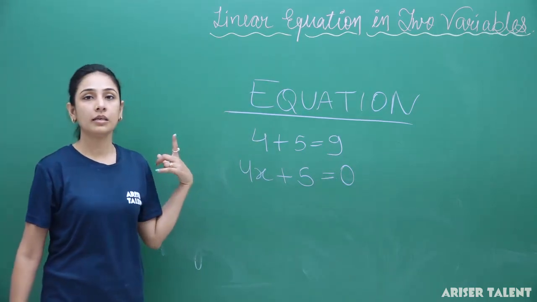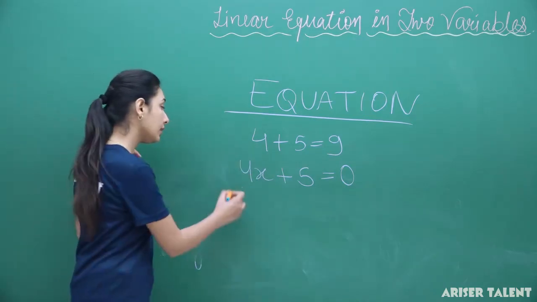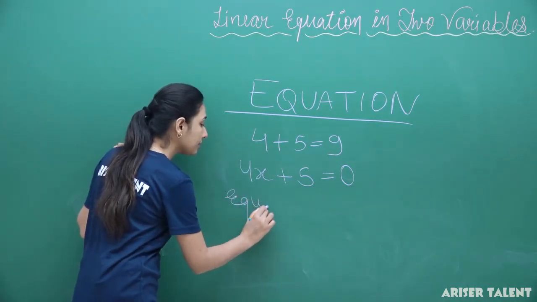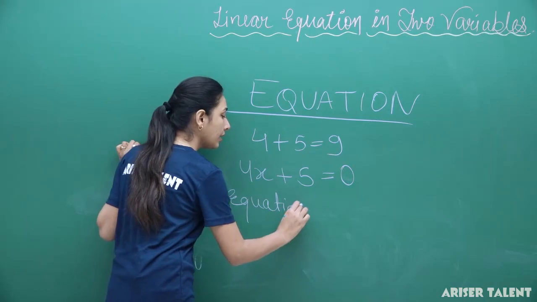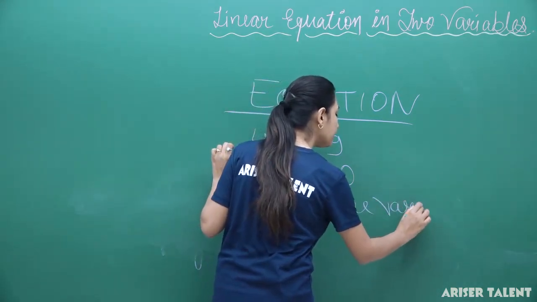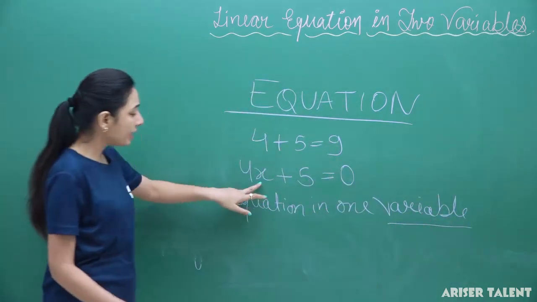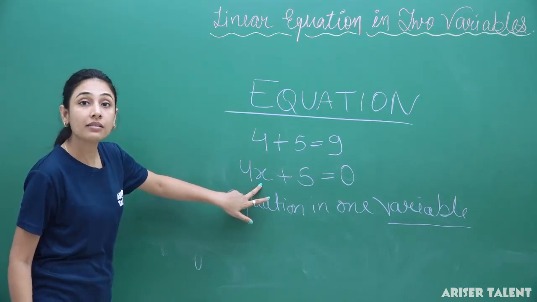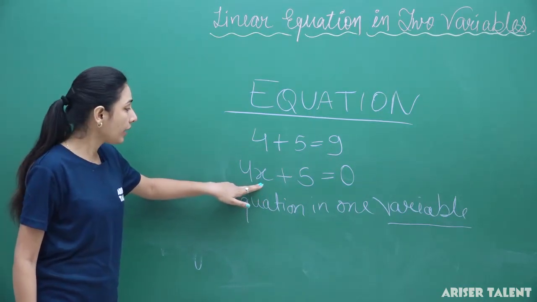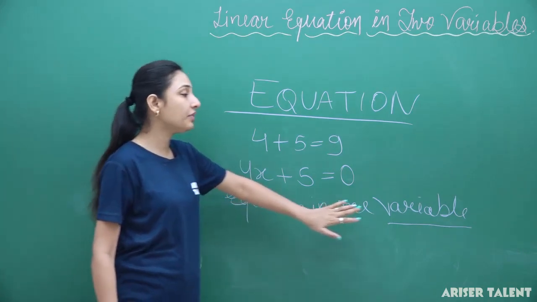That means this is again an equation, but now an equation in one variable. Why one variable, students? Because I am having x as the variable here, only one variable.